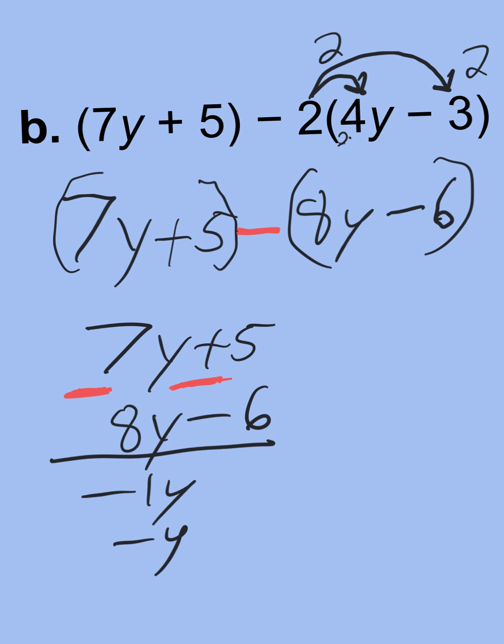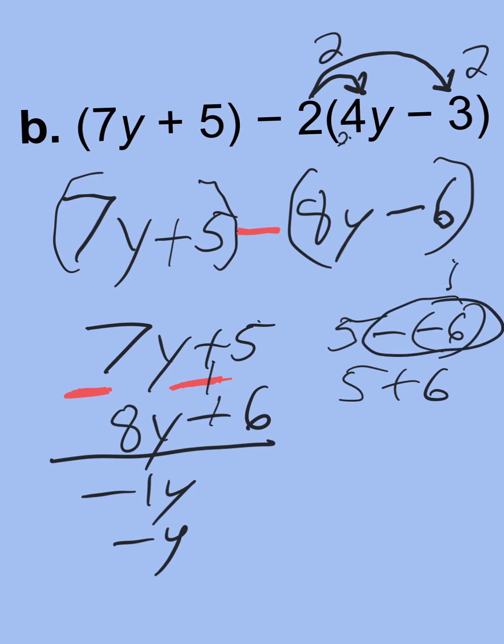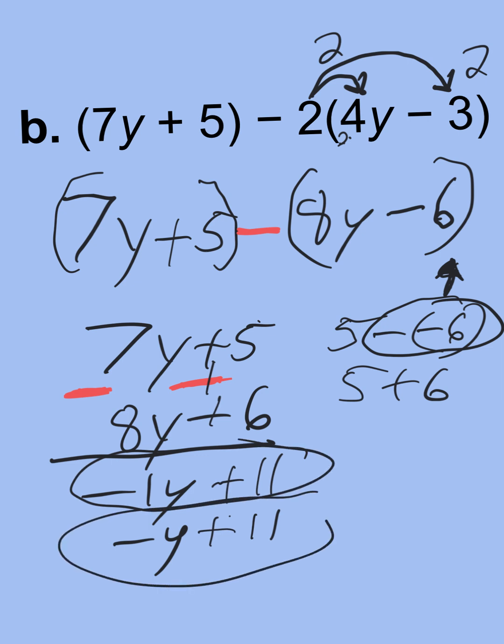So I'm going to go keep, change, change. 5 minus negative 6 is really in disguise 5 plus 6. When we minus a negative, we go up. So this is really 5 plus 6, so that's 11. So our answer is negative 1y plus 11, or negative y plus 11.